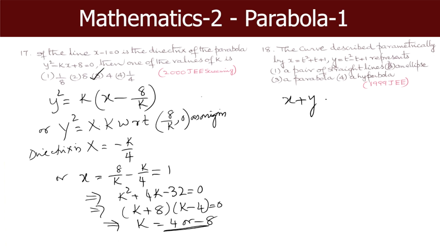X plus y by 2 is equal to t square plus 1, and x minus y by 2 is equal to t. Follow?